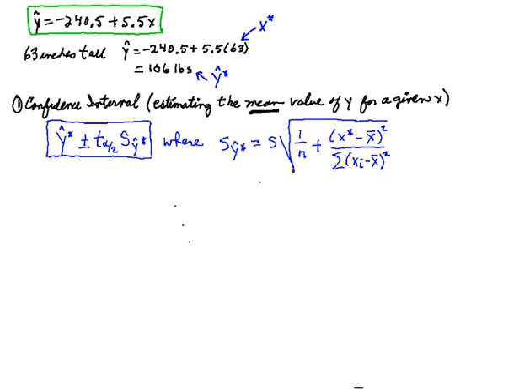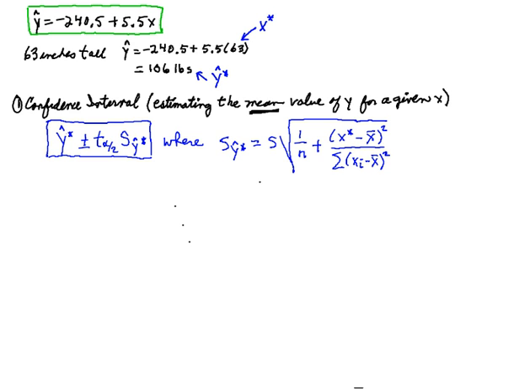Now, what the confidence interval is doing is it's creating an interval estimating where, in this case, the mean value of y is for this given value of x. In other words, what is the 95% confidence interval for the average weight of women swimmers who are 63 inches tall?